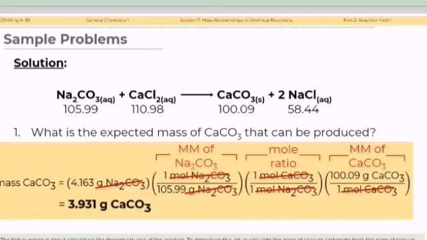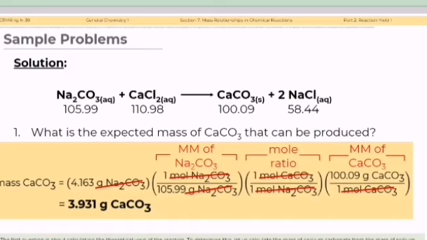To determine this, let us calculate the mass of the calcium carbonate from the mass of sodium carbonate. Notice that the given chemical equation is already balanced, so we can now proceed to the calculation.